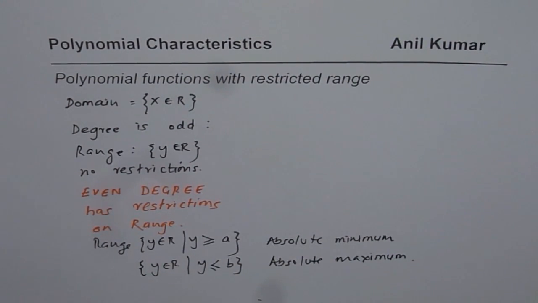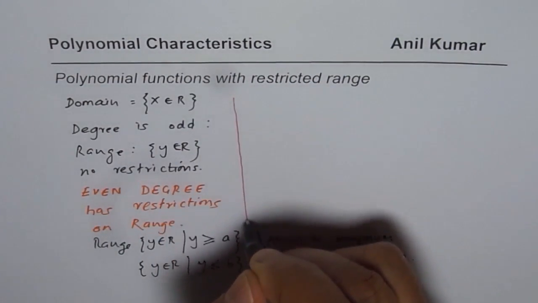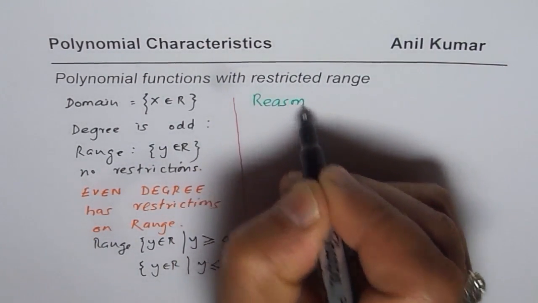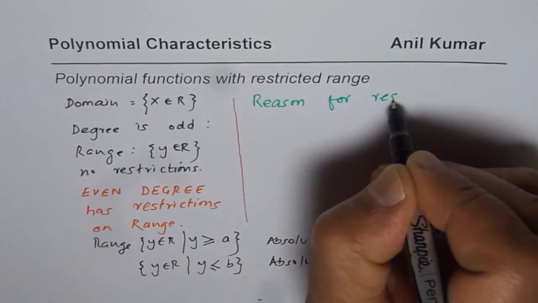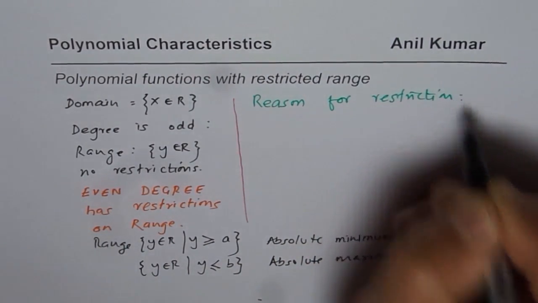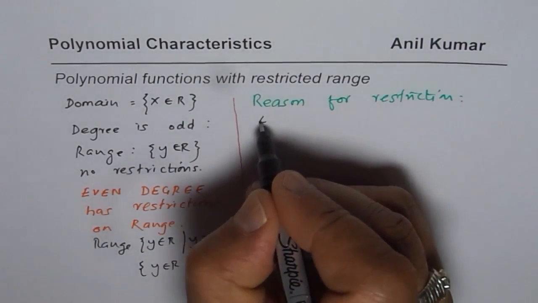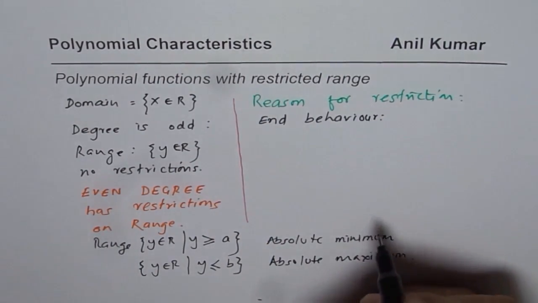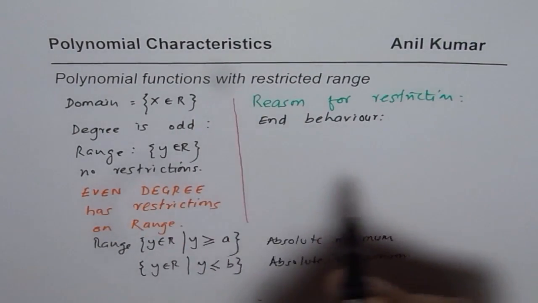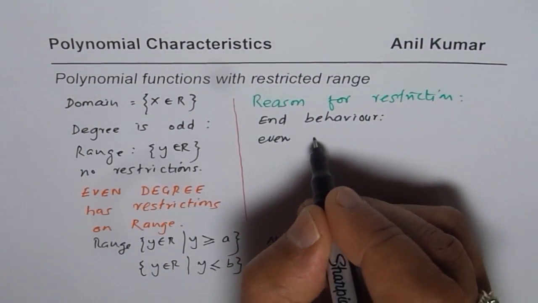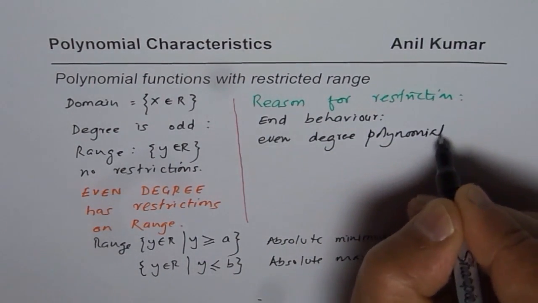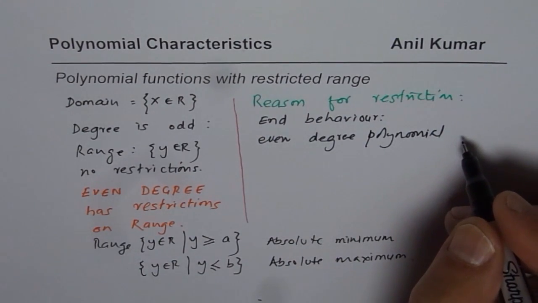And what do you think is the reason for this restriction? Let's find the reason. The reason for the restriction is end behavior. What we see is that for an even degree polynomial, both sides face the same direction, right?